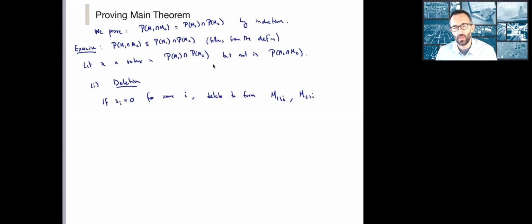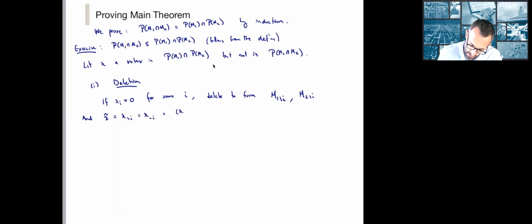And remember that the independent sets of a deletion are exactly the independent sets that didn't contain that element. And then we can also form an element x tilde that is basically x without the ith component. In other words, sometimes people denote this by x minus i.